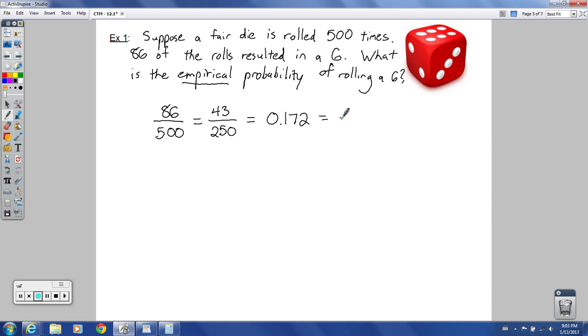If you write that as a percent, sometimes you'll be asked to write probabilities as percentages instead, so any one of these answers I would say would be acceptable. It just depends on the way they ask you to state it. So that's it. That's all you have to do for something like that. This is the chance, the likelihood, based on the results of this experiment, of getting a 6.